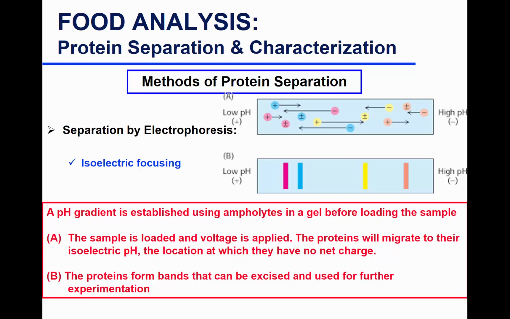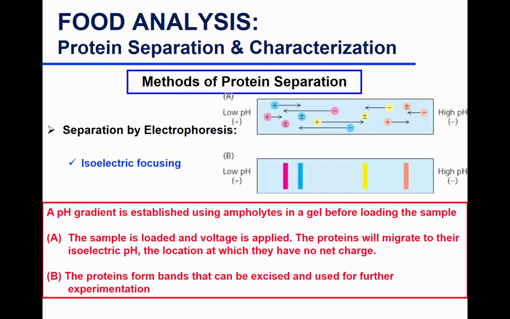The positives move toward the negative, and the negatives go towards the positive when we apply the voltage, and then you form a gradient of different pHs on your strip. Then you load your protein in one end solution, and then you run a current.